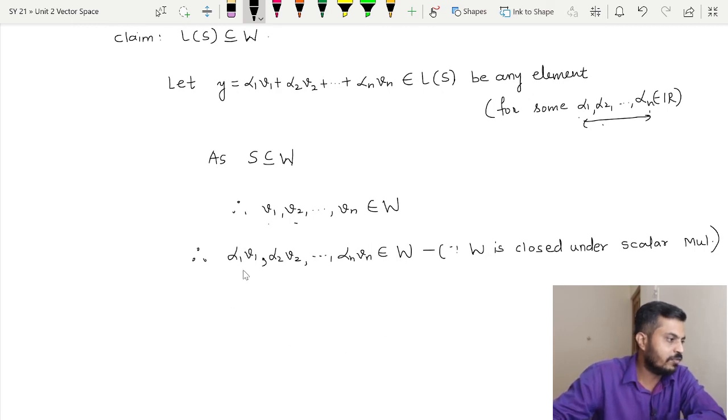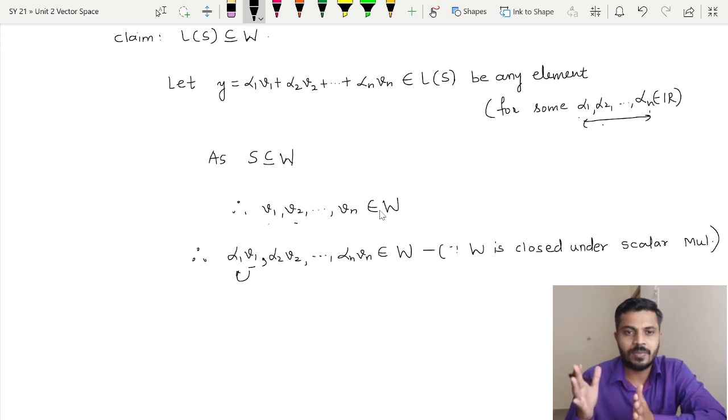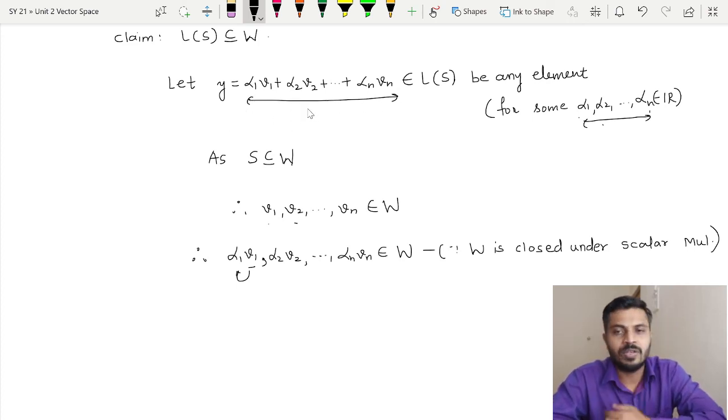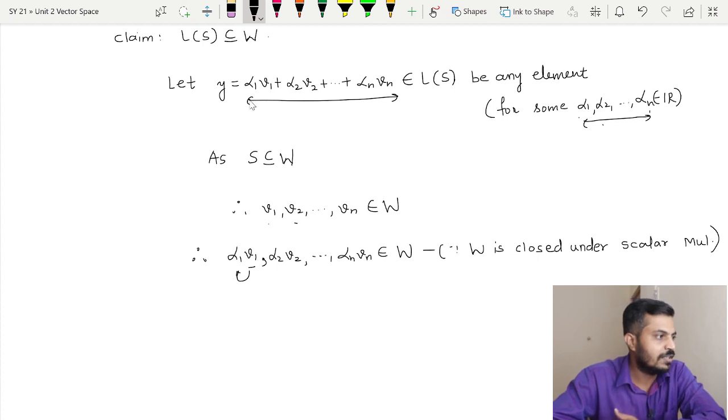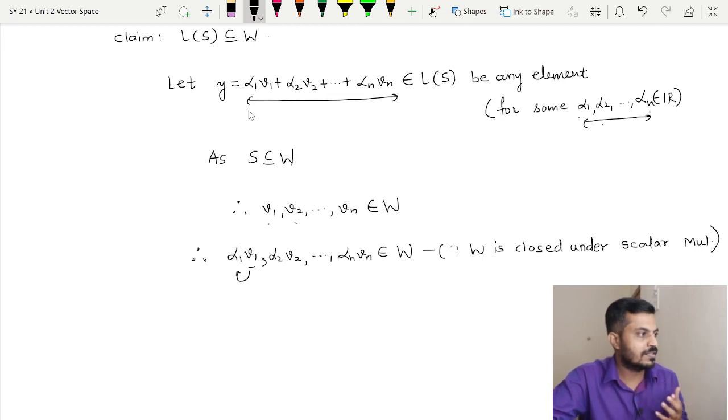Now, why have I taken the coefficient of V1 to be alpha 1 only? Since V1 is an element of W, any real number multiplied by V1 will belong to W. Similarly, any real number multiplied by V2 will also belong to W. But what I actually want is, since I have taken this notation as an element of L of S, I naturally want this sum to belong to W. In the first term the coefficient of V1 is alpha 1, so that is important to me.